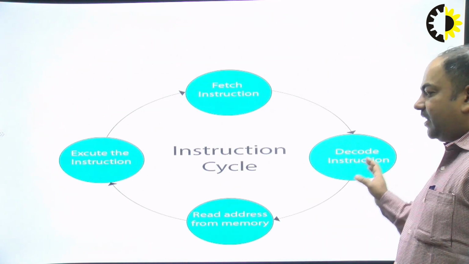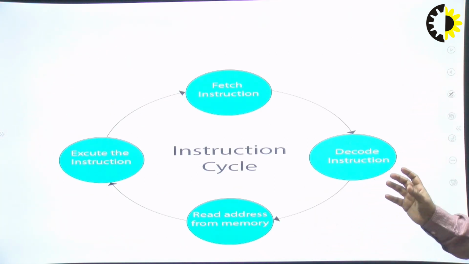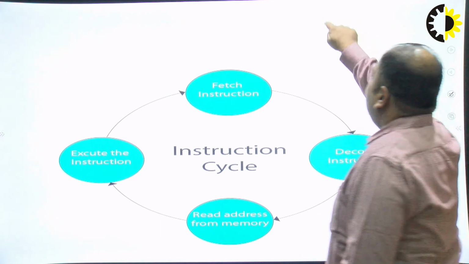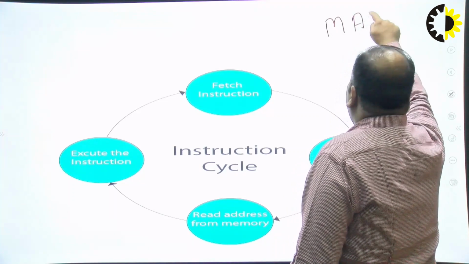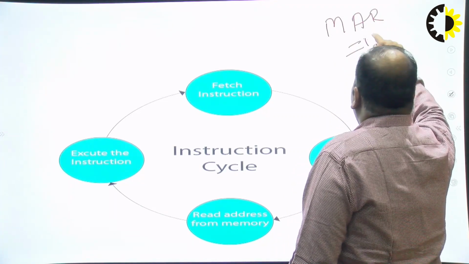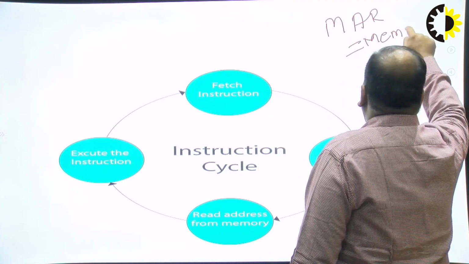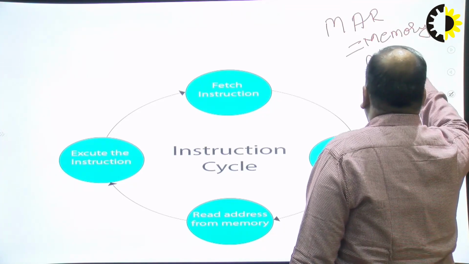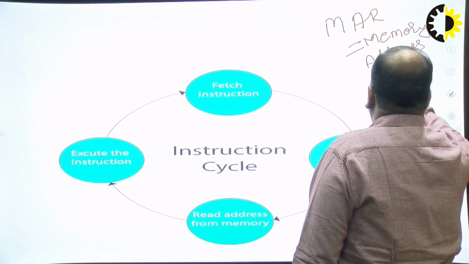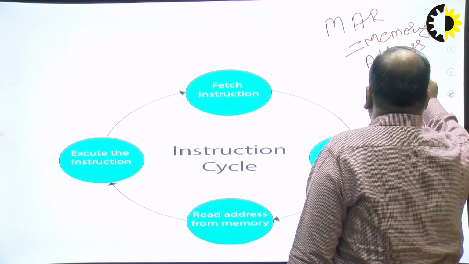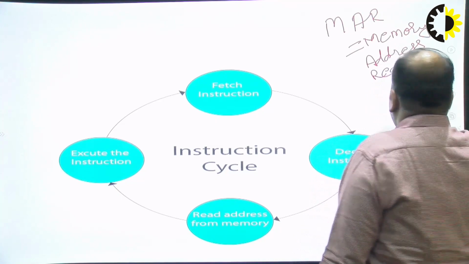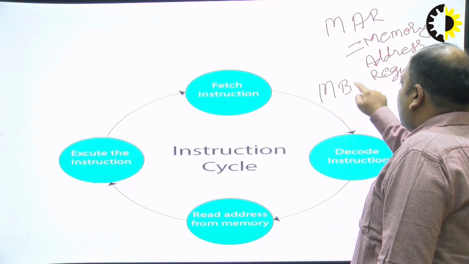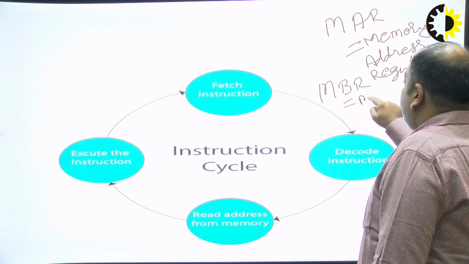This instruction cycle uses 4 registers. One is the memory address register, which we represent by MAR. Another one is MBR, which is the memory buffer register.